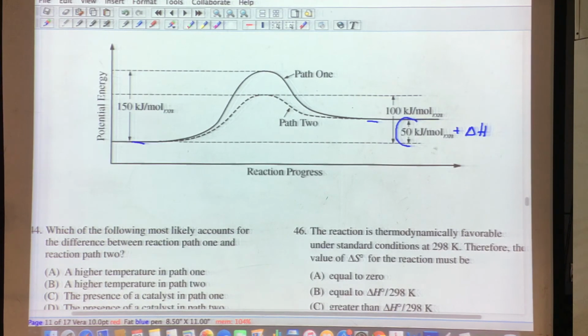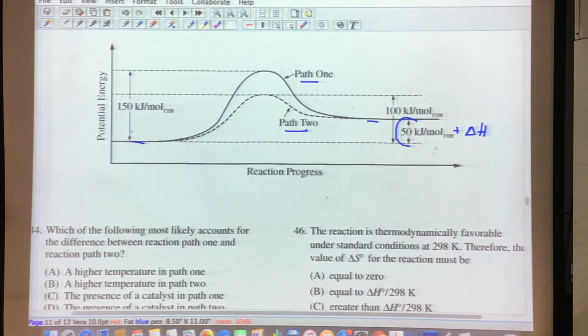Now, the difference between path 1 and path 2 usually depends upon a catalyst. A catalyst will start a whole series of steps, a brand new mechanism that wasn't there without it. So it's not about temperature. This is measuring different heights, or different barriers to start the reaction, or I should say different activation energies.